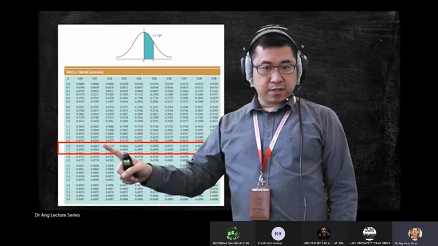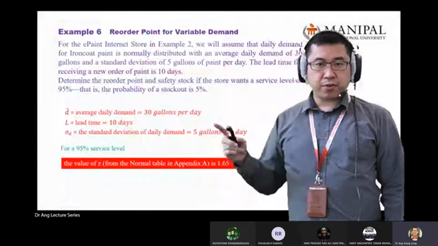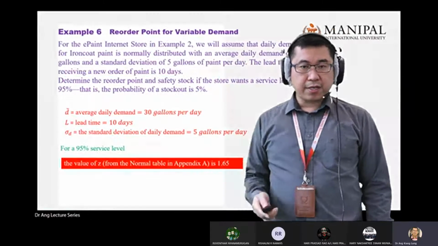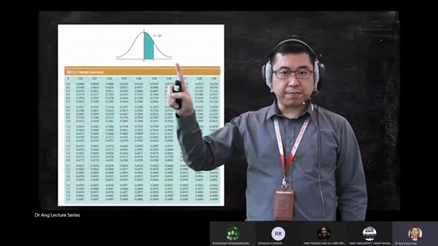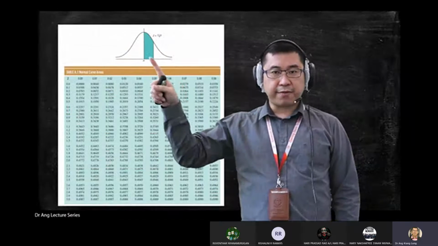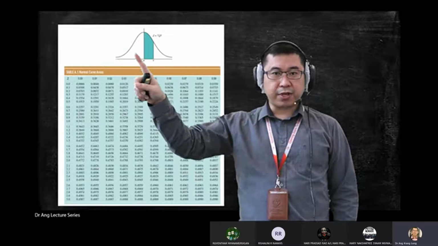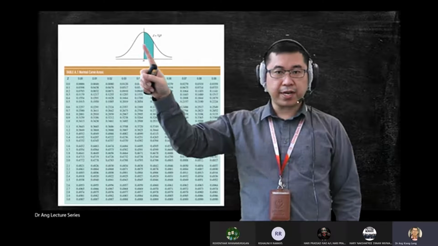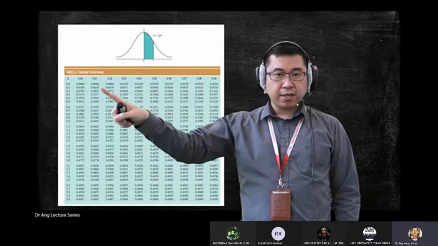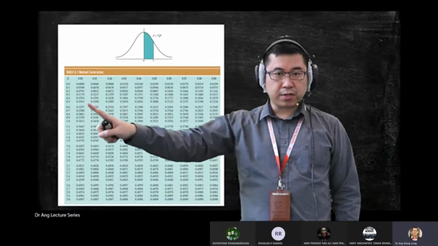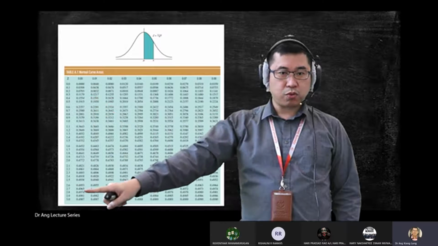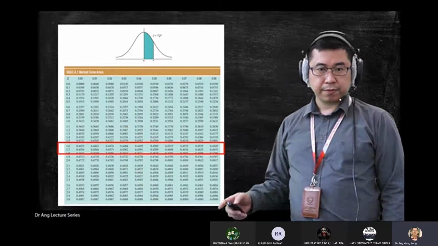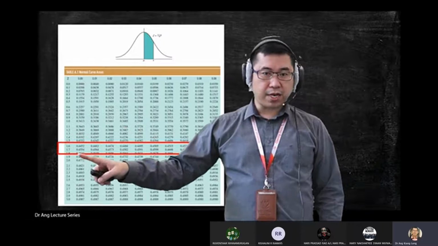All right. So the question gives you one condition: the store wants 95%. Again, the area under the graph is a probability, and you need to find 95%. Half of the graph is 50% and the other half is 50%, so you want to find 50 plus 45. Where is 45%? This table goes from 0% to 50%, so you find 45% in this table. It is around here.